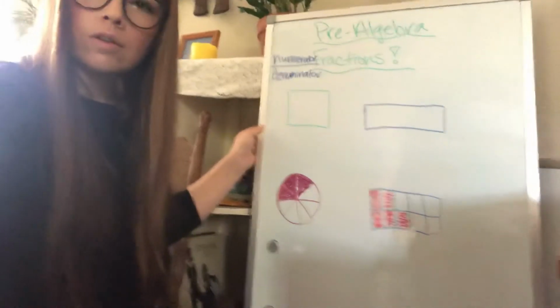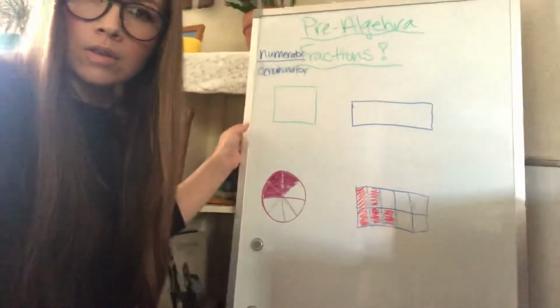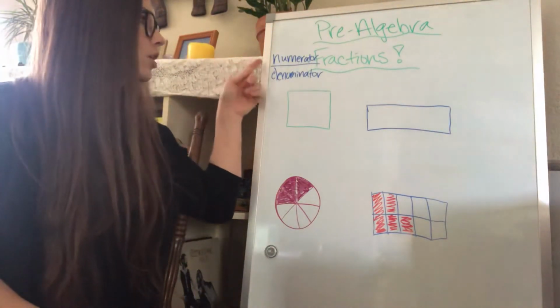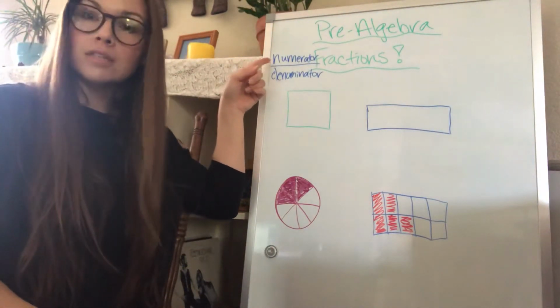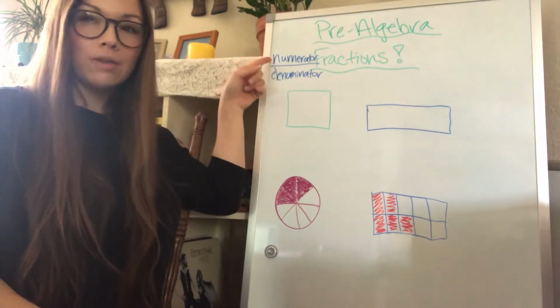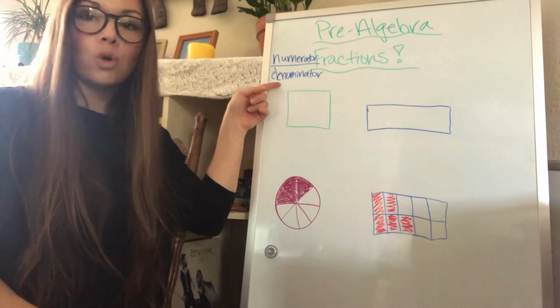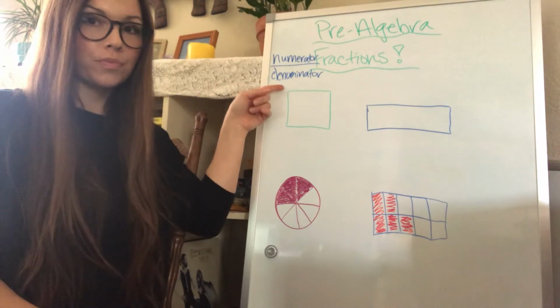So the numerator is how many pieces of the whole we're talking about, and the denominator is how many pieces total are in the whole, okay?